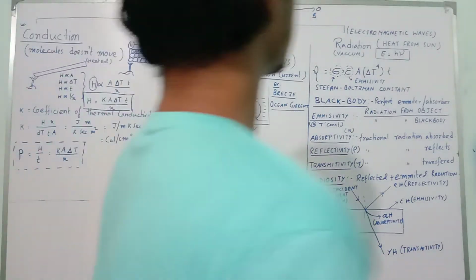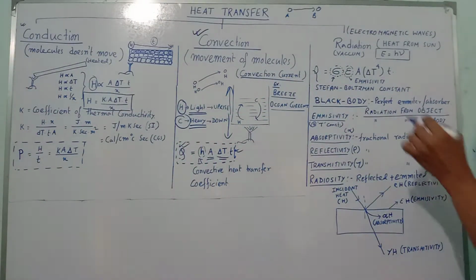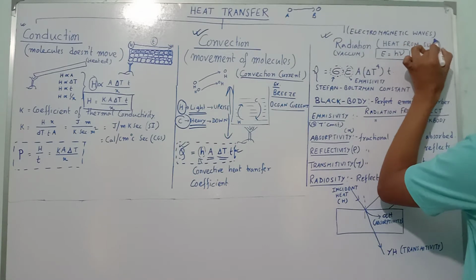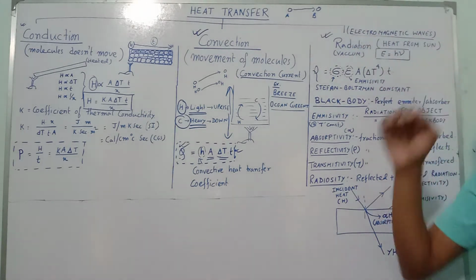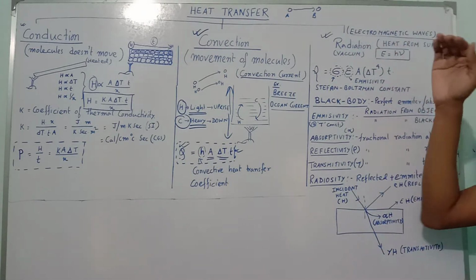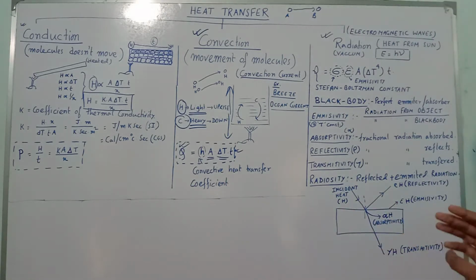Now the last method of heat transfer is radiation heat transfer. Radiated heat is nothing but an electromagnetic wave. Radiation is the process by which heat from the sun comes to other planets or our earth.